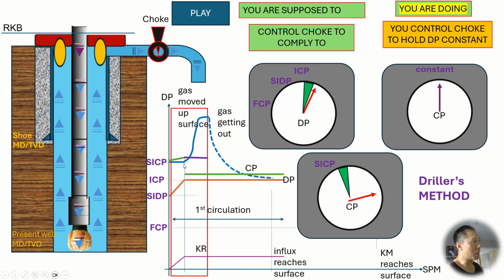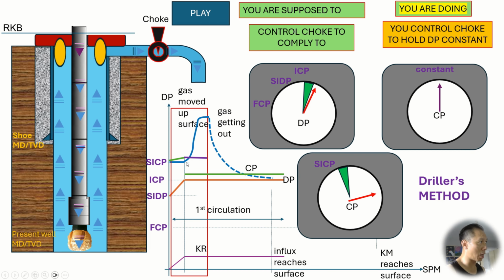What the casing pressure gauge is supposed to do is follow this continuous blue line, showing the rise of casing pressure as gas travels from bottom to surface. The dashed blue line is what the casing pressure gauge will do after gas gets out of the well. We don't care about that part yet. We care about the red rectangle where the question is asking us.